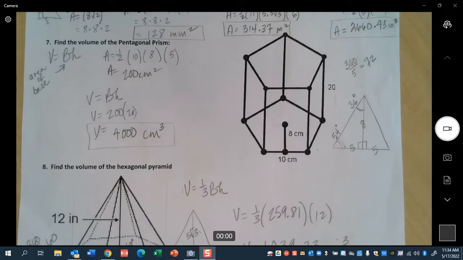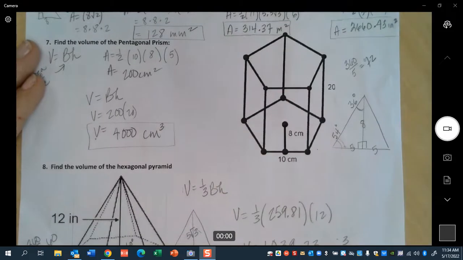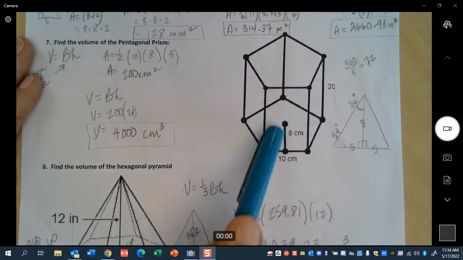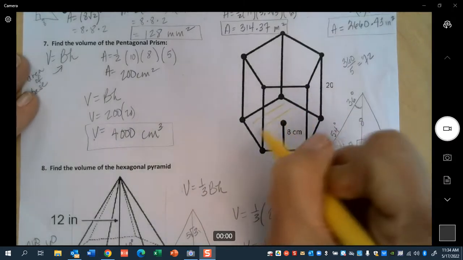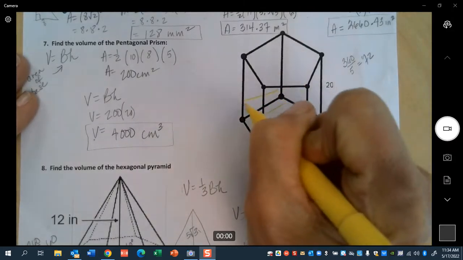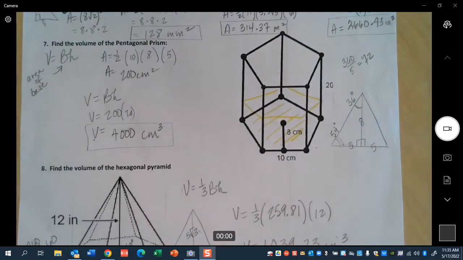And then when I talk about that area of the base, I want you to think about having 20 layers of that base going up. And this picture is a wacky one to me. Do you ever do that thing where your eyes play tricks on you and you can see it leaning towards you or away from you or standing up or leaning down? But you can go ahead and say that if this is my base, I can talk about all these other layers of the bases that I can stack on top of each other.